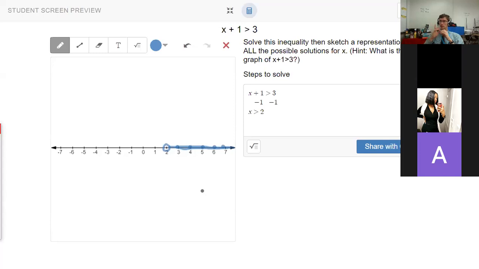So next is slide 10. I want you to try slide 10. It's similar. You solve for x. There just is one extra step than what we did here.